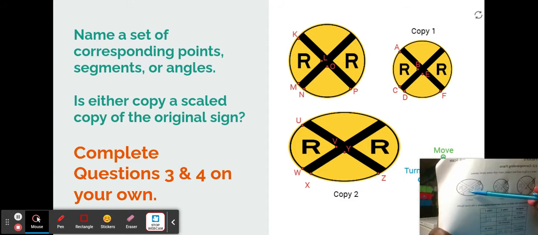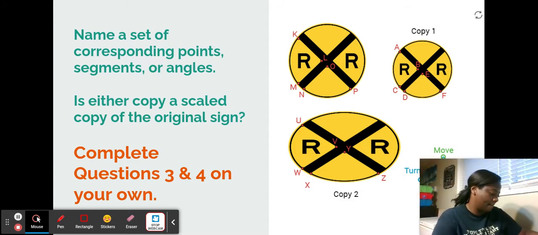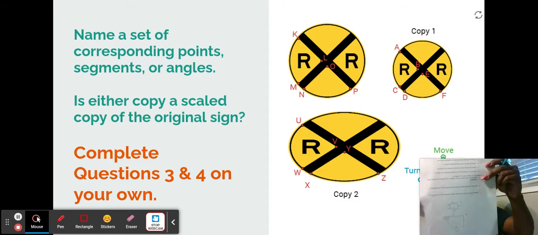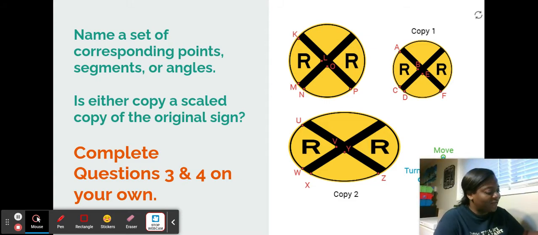If it's not, the angles will be different. I hope I didn't lose anyone, because I'm moving on. Page 5. We've got practice problems number 2 and 3.